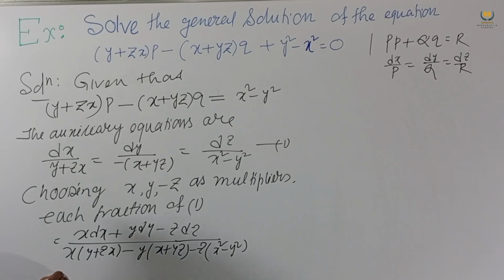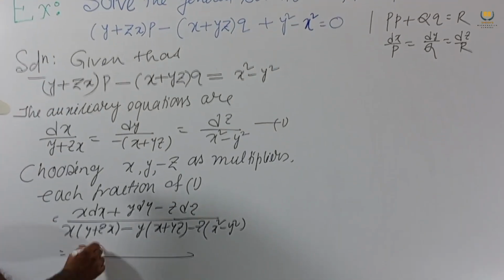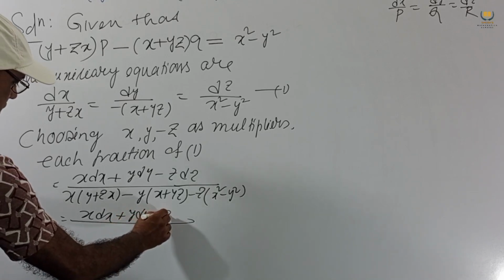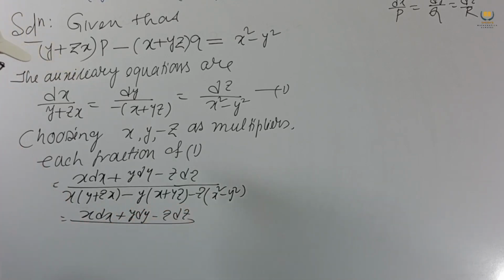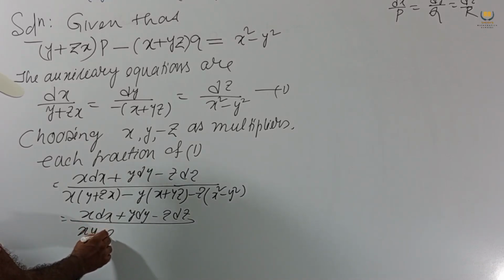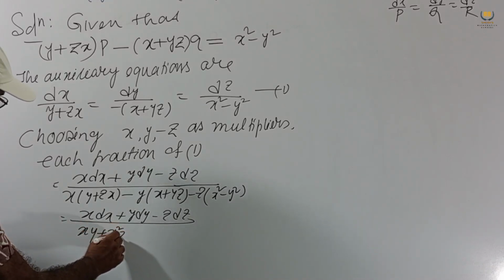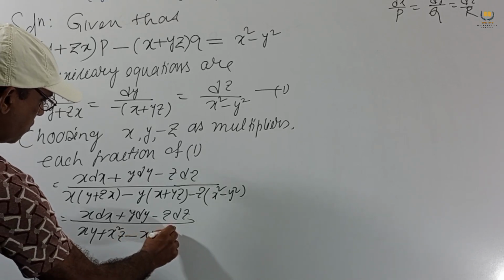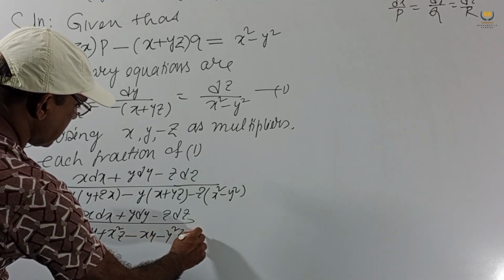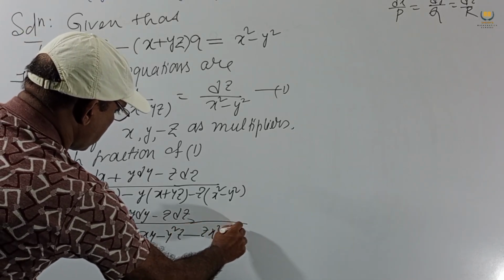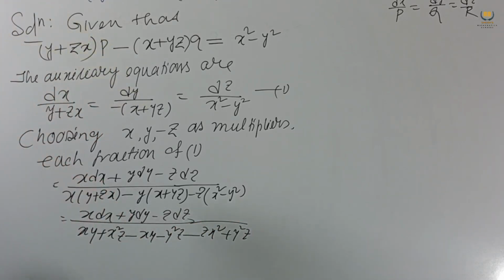If we calculate this one, x dx + y dy − z dz over xy + x²z − xy − y²z − zx² + y²z.